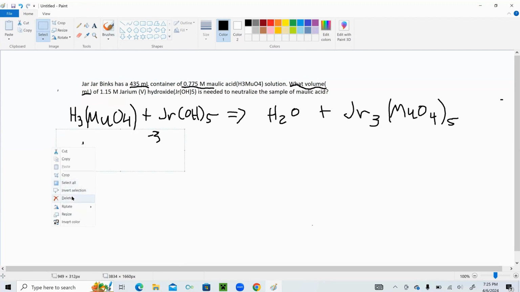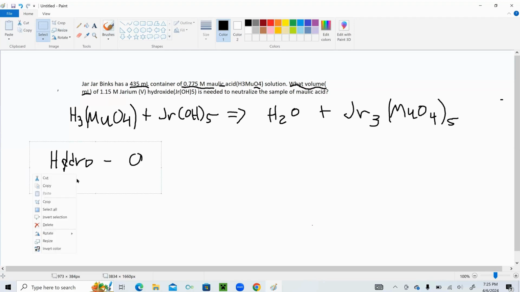Another thing to note when working on these: here you see how it says malic acid. Remember, when it doesn't say hydro, that means there's oxygen. As you can see there, we have an O4.